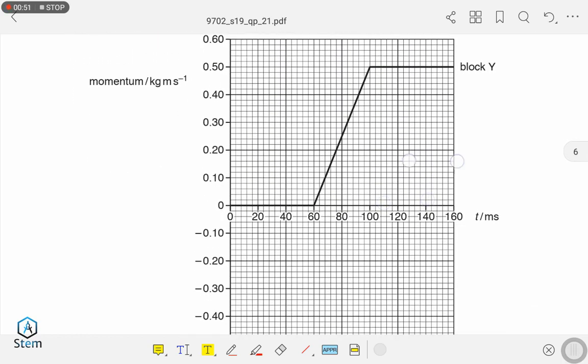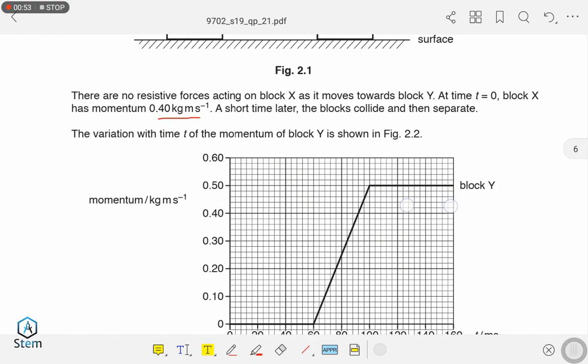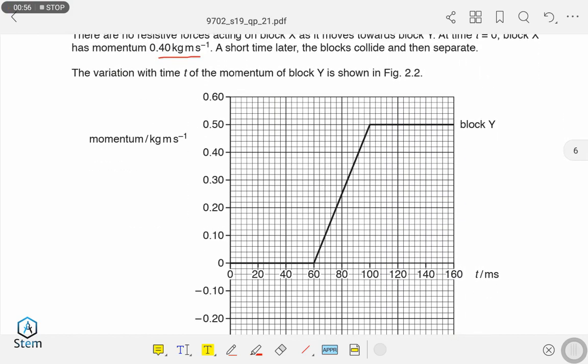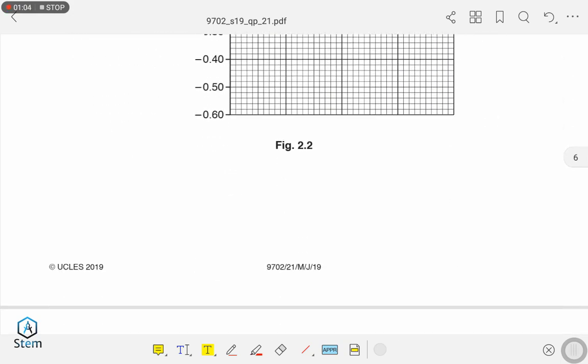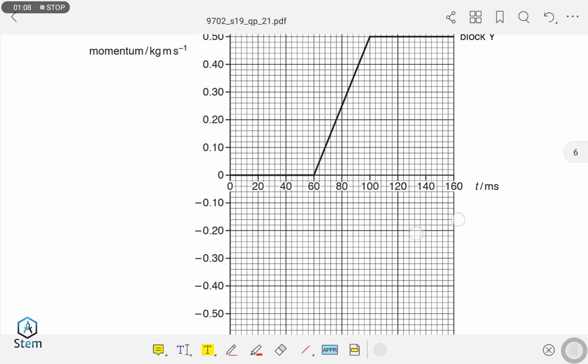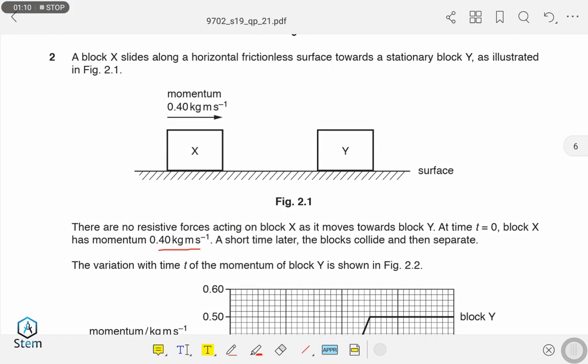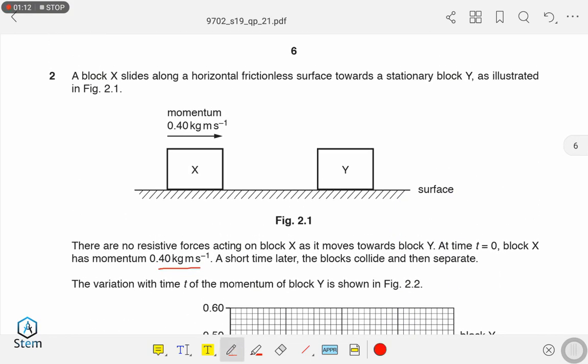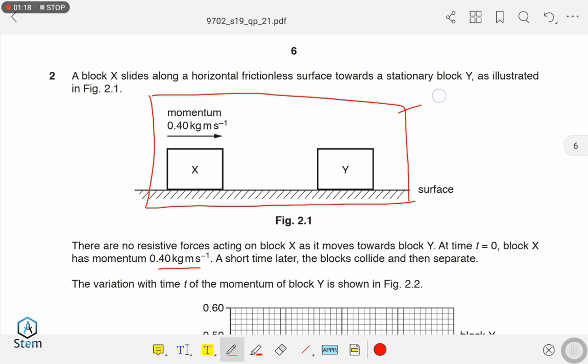Okay, so the graph is showing us the variation of momentum of the block which was initially stationary, which had momentum equal to 0. All right, then we get to the question. So I just want to explain a little bit what is happening here. These two blocks form a closed system.